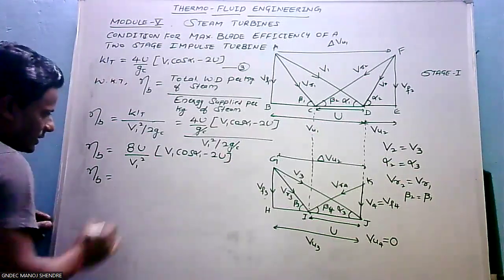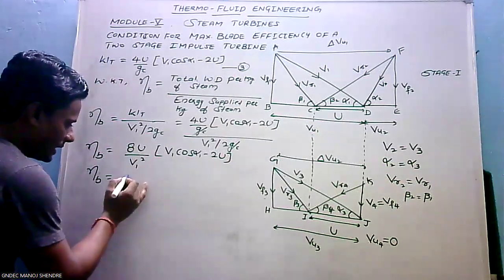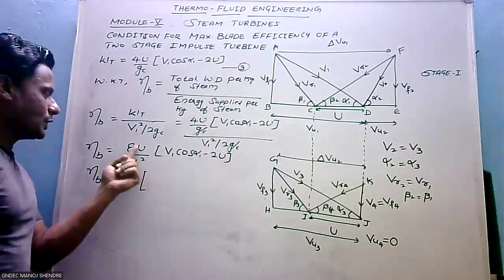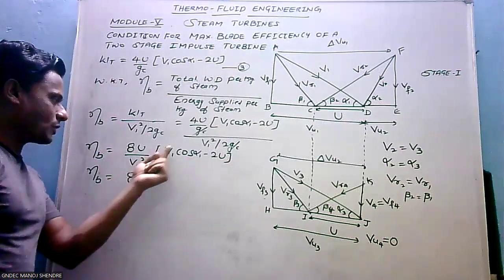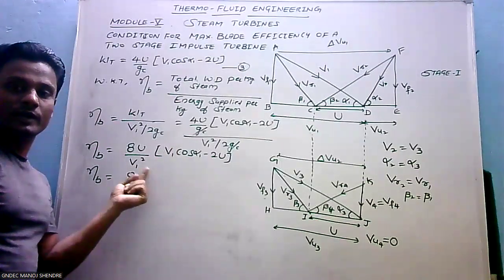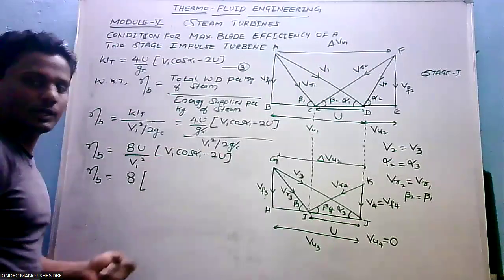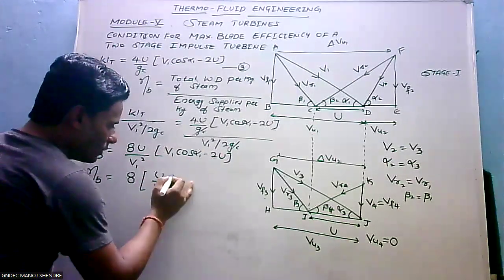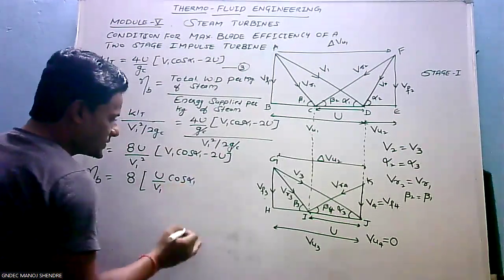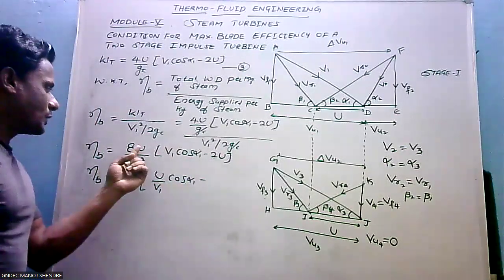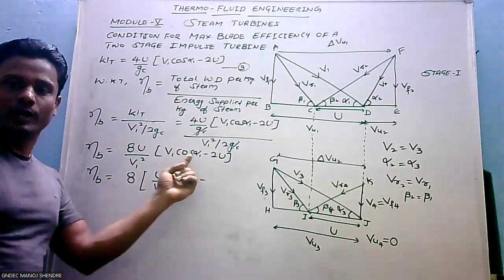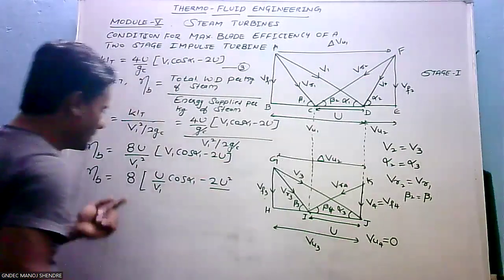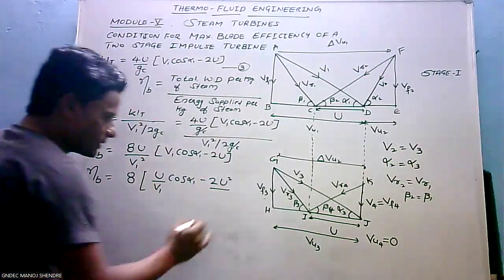So blade efficiency is given by 8 as it is into U by V1 into cos alpha 1, minus 2U square divided by V1 square. One V1 gets cancelled.